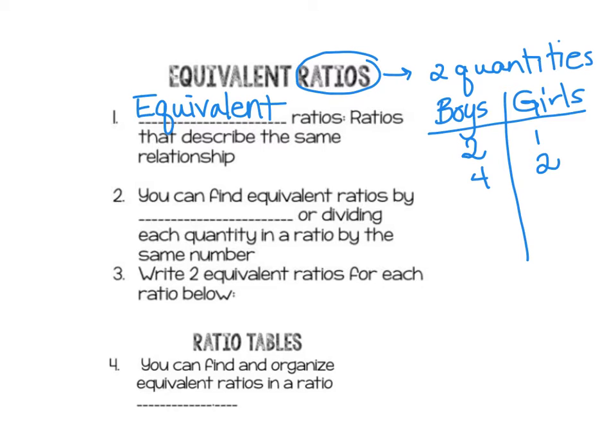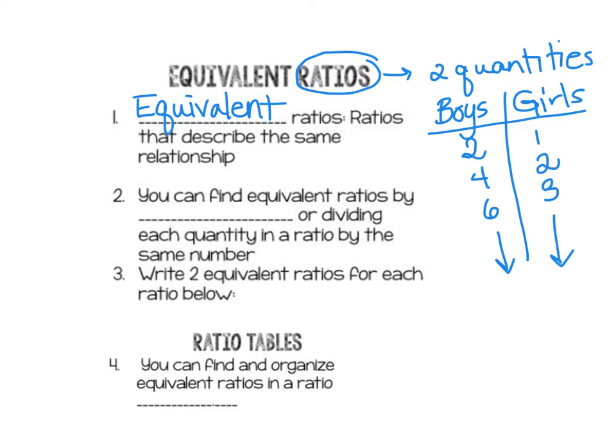And that's equal to a 6-to-3 ratio. So that means for every girl, there's 2 boys. So if I have 2 girls, then I have 4 boys. And if I have 3 girls, I have 6 boys, and so on and so on. We can keep going just like that.